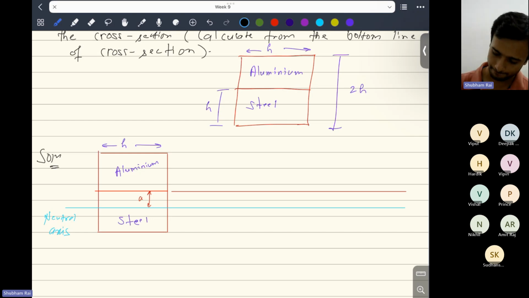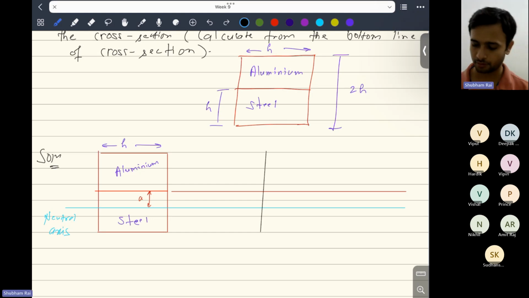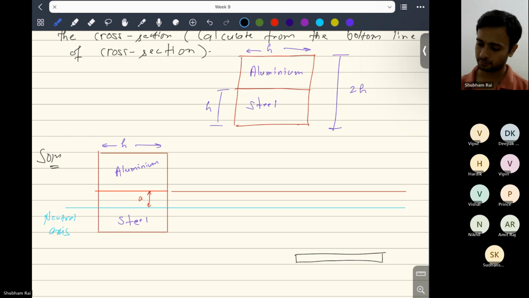So now, what I was saying is, let U be the displacement of the beam. Let's say this is some beam, and this is the cross section of the beam.